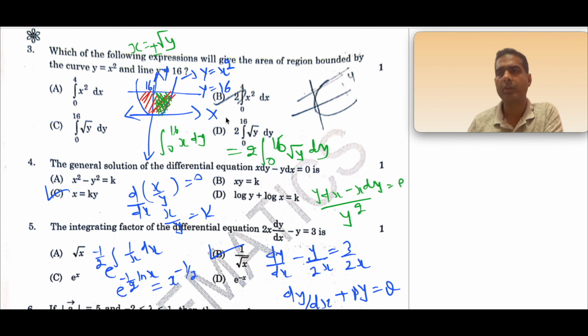From y is equal to x square, x will be equal to plus or minus root y. Minus root y will be for the left part. We can double it because both the areas will be equal. So it will be twice the integral from 0 to 16 of root y dy. So option D is our answer.